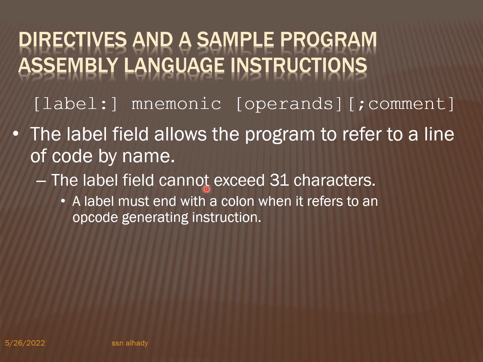The label field cannot exceed 31 characters. A label must end with a colon when it refers to an opcode generating instruction. You need to put a colon after the label.